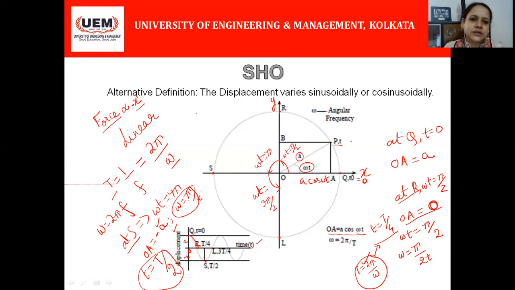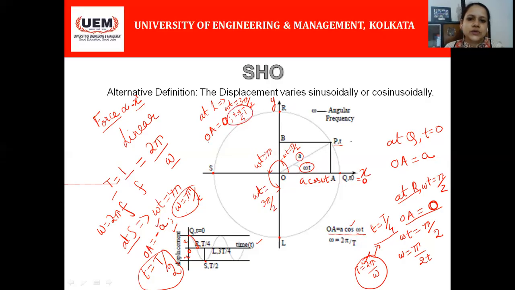So at L, omega t is equal to 3 pi by 2, and if we fit that into the relation for OA, we will see that OA is equal to 0 at L. If we write omega as 3 pi by 2t and fit this into the relation for time period, we will see t will be 3/4 the time period.